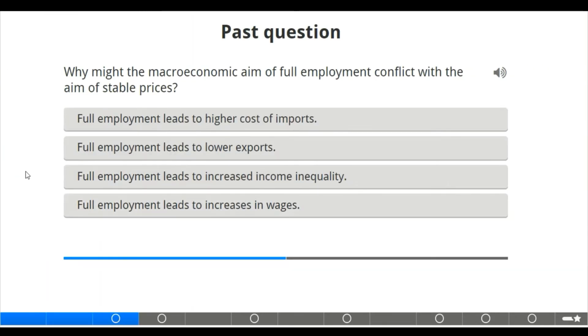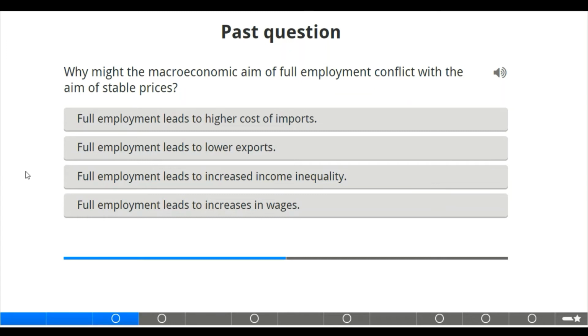We have just one past question here. Why might the macroeconomic aim of full employment conflict with the aim of stable prices? Of course, we said earlier that full employment is where the unemployment rate is zero. Now, the options: full employment leads to higher cost of imports?